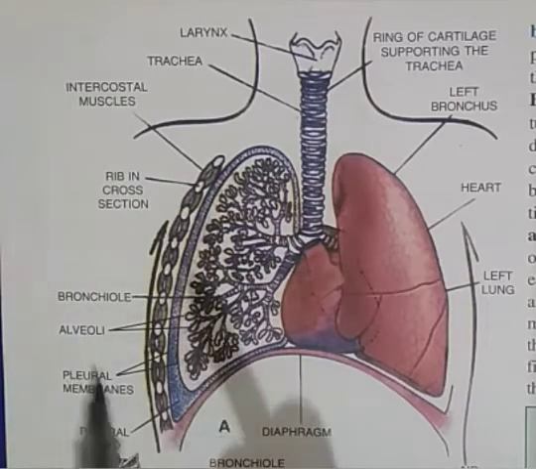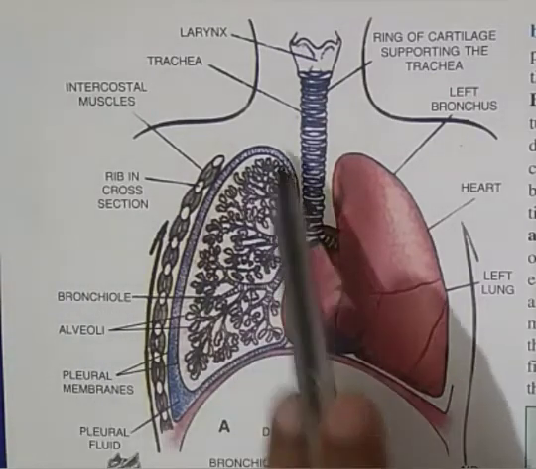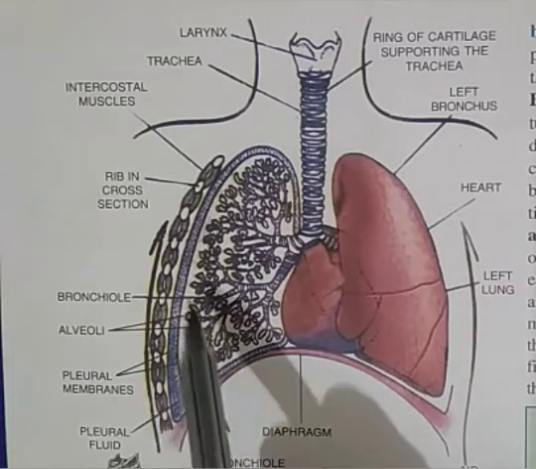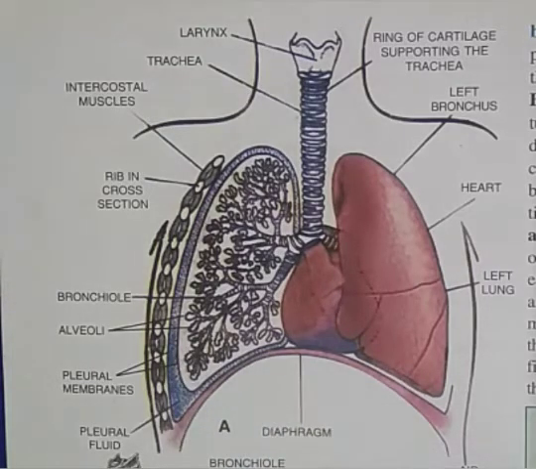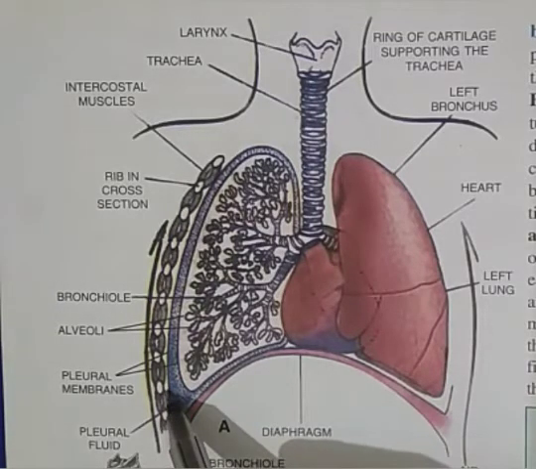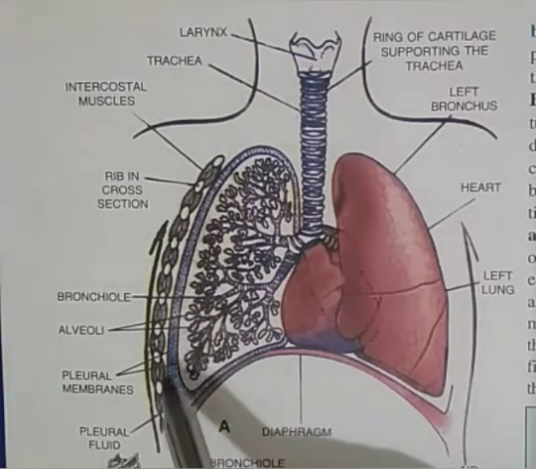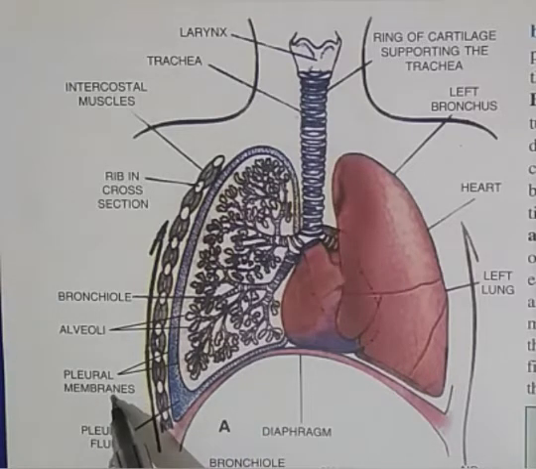One thing more: you can see this blue color, it is the pleural membrane. Lungs are covered by a thin membranous structure which is double layered. You can see this is the outer one and this is the inner one. This double layer membrane is known as the pleural membrane.